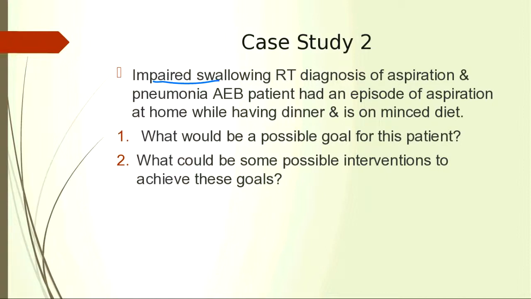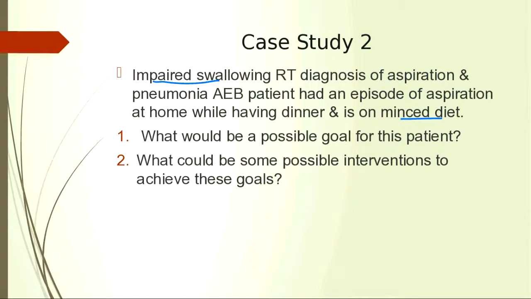So they have to be on minced diet. So this will be decided by the physician or the healthcare team, and gradually they can be on regular diet if the condition improves.